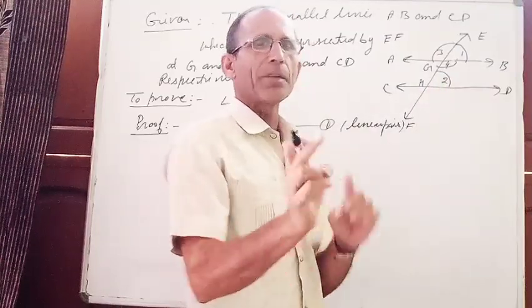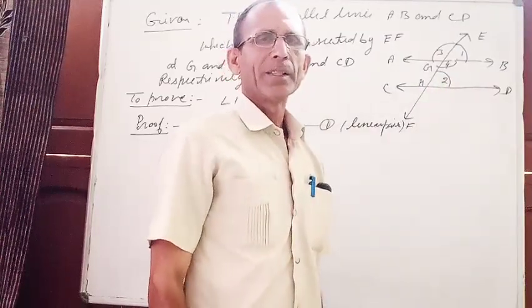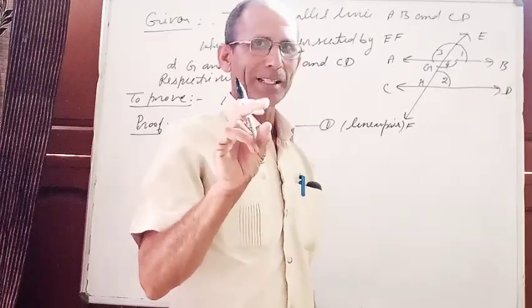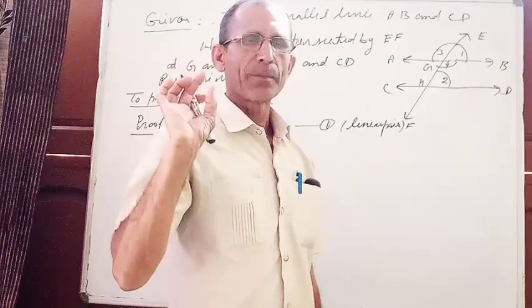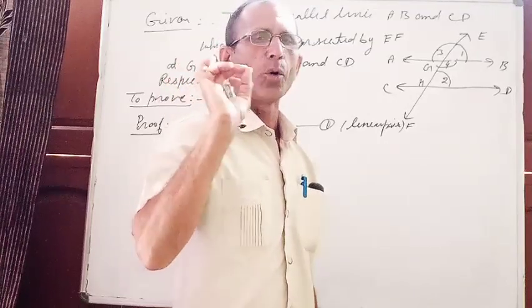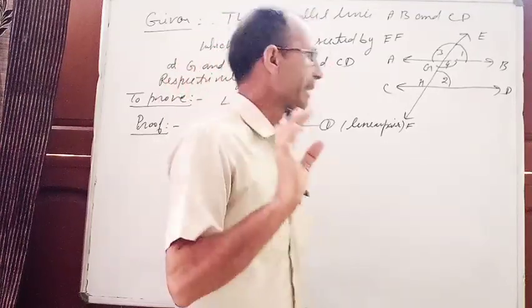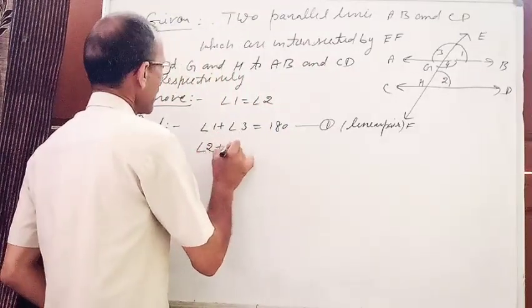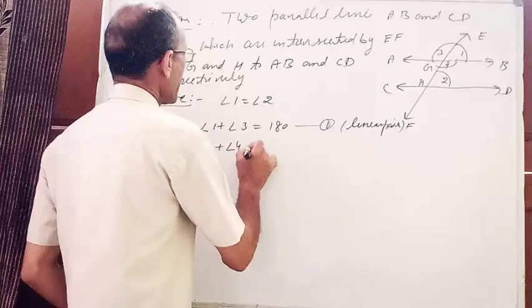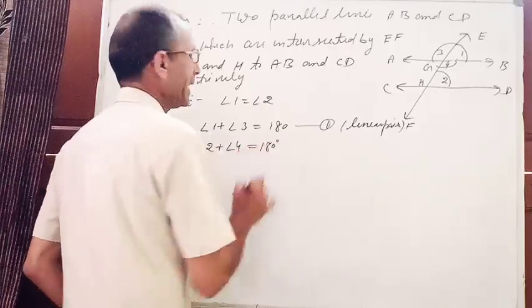So their sum will be 180 degrees. For this one you will give the reason: the sum of two angles between two parallel lines is always 180 degrees. So angle 2 plus angle 4 is equal to 180 degrees.